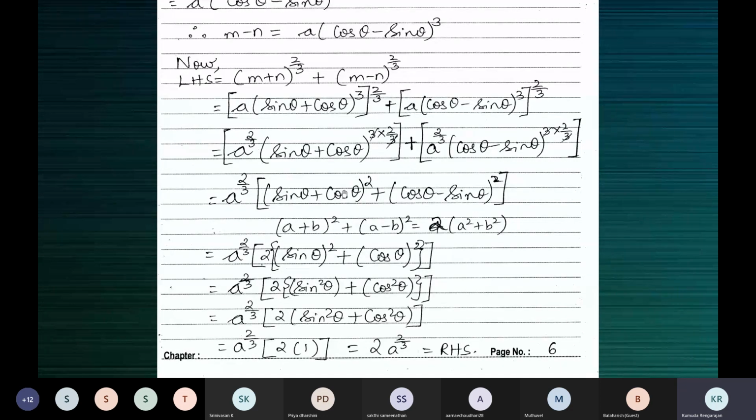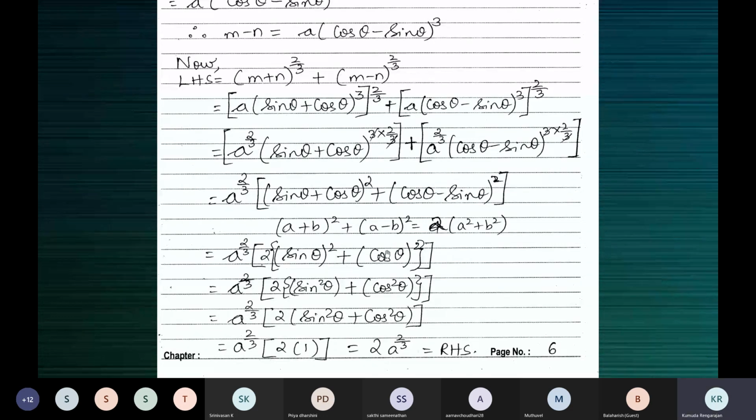A is cos theta and b is sine theta. Since it's a plus sign here, don't get confused. It will be cos theta the whole square plus sine theta the whole square.